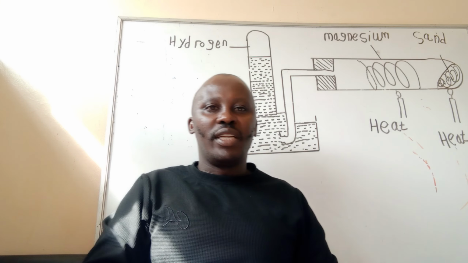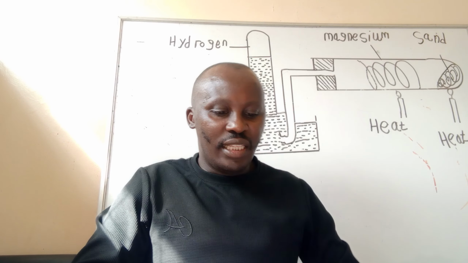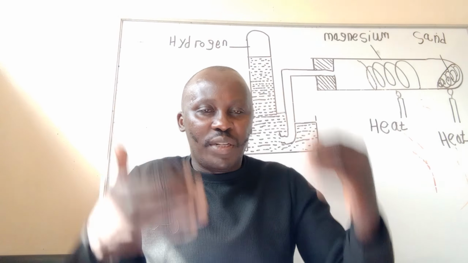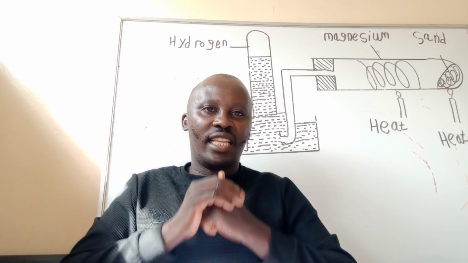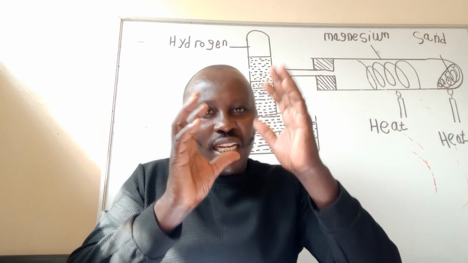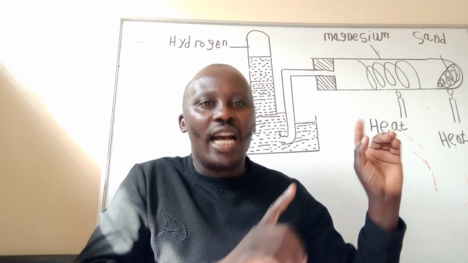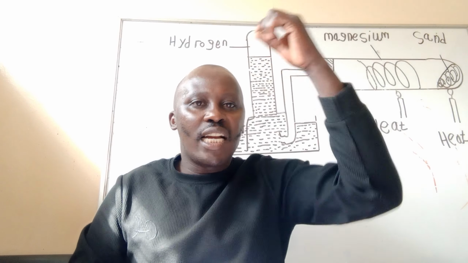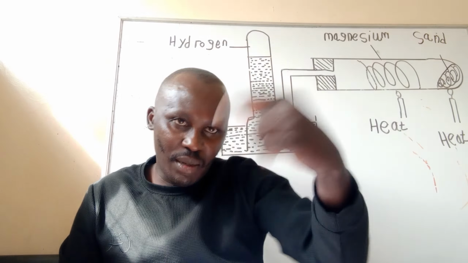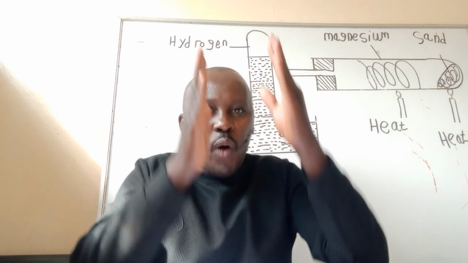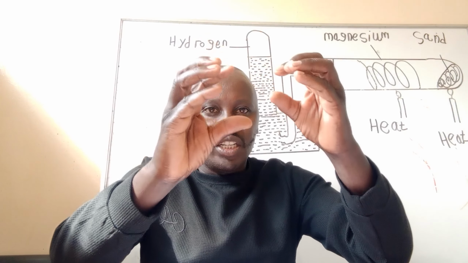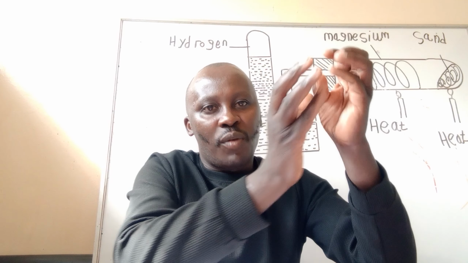Another question that you can get from this diagram is: state and explain the observation made in the test tube and in the gas chamber. In the test tube, there is a reaction between steam and magnesium ribbon. During that reaction, there is a formation of a white solid, which is just magnesium oxide.